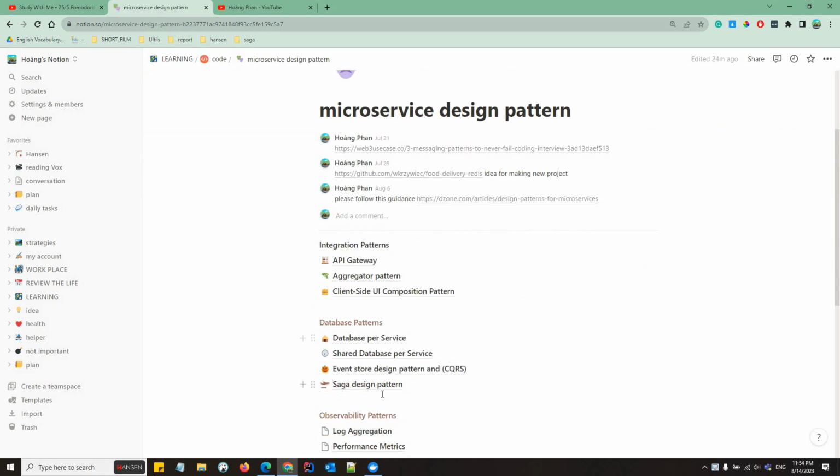And next we move on to the shared database service. Shared database service first starts with the database first service.